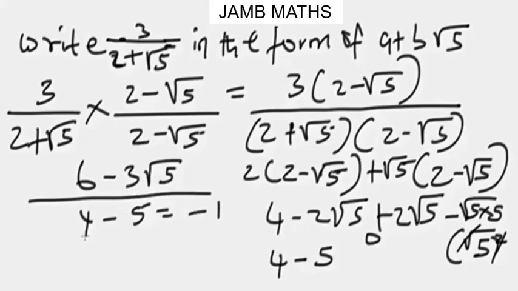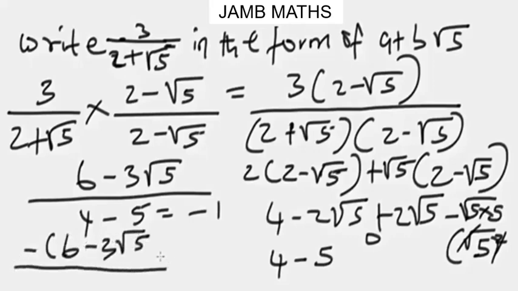When you remove this negative sign and take it to the numerator, we're going to have minus, in bracket, 6 minus 3 root 5 over 1. So our final result will be minus 6 plus 3 root 5 over 1.